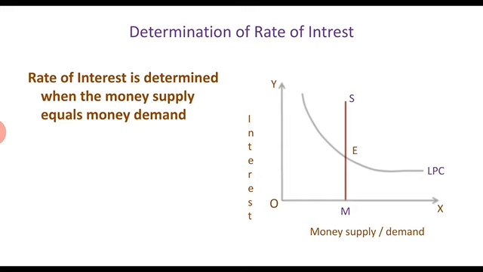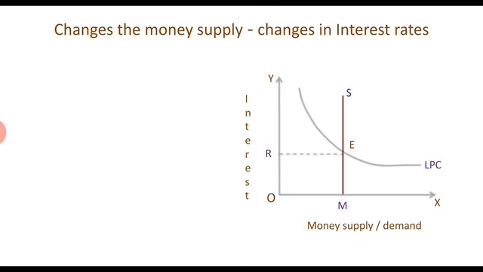These curves intersect at point E. At that point E, money supply and money demand are equal at OM. Rate of interest is determined as OR. It is the equilibrium rate of interest.